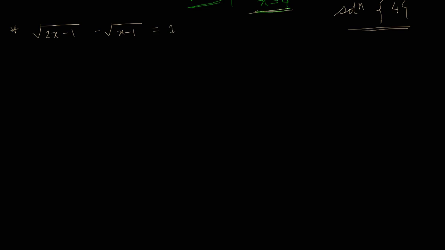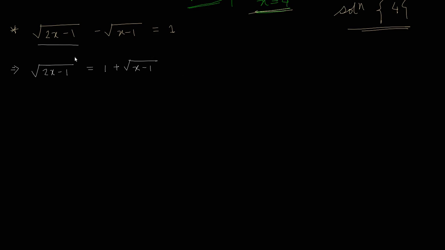As in the previous problem, we are going to isolate at least one radical on one side and everything else on the other side. So let's isolate this radical. It is square root of 2x minus 1, and then I have 1 plus square root of x minus 1. Okay, so I isolated this.